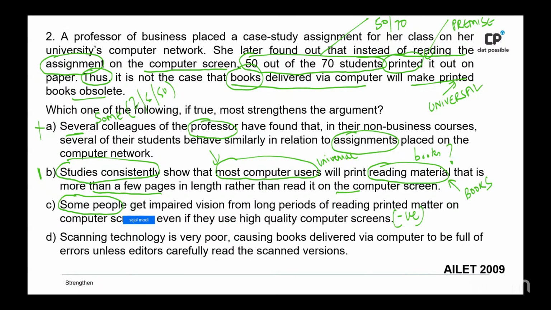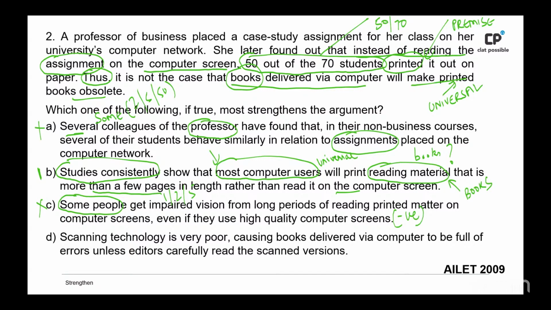And some people, again, in critical reasoning terms, could be one or two or five. And that will not really support the argument about printed books not going obsolete because of digital books, right? So some people is, again, not that strong an option. Compared to B, C is also out.